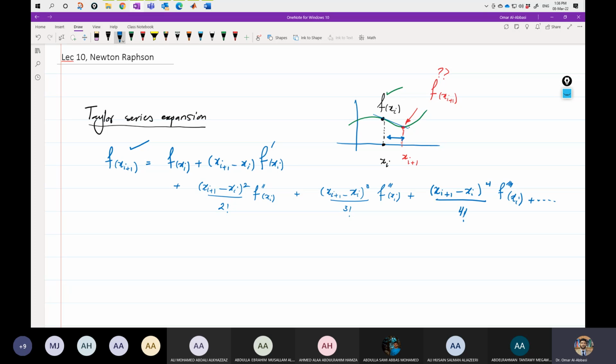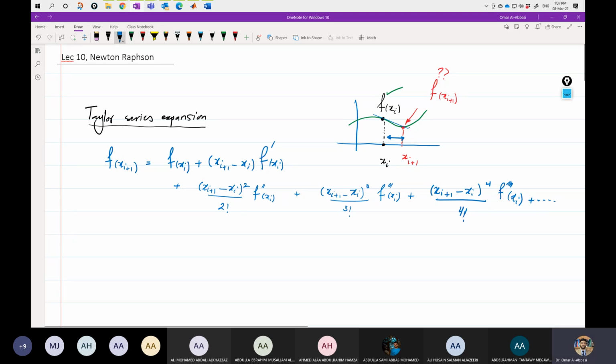This is a series, right? Which means it goes to infinity. You cannot evaluate it numerically to infinity. You don't have the computational power to continue forever.